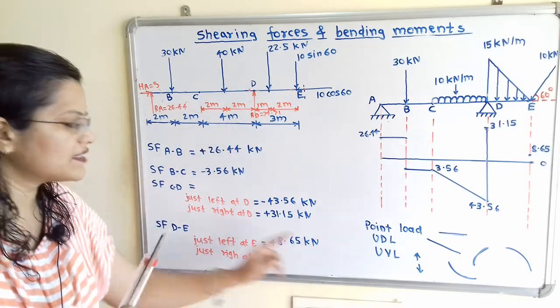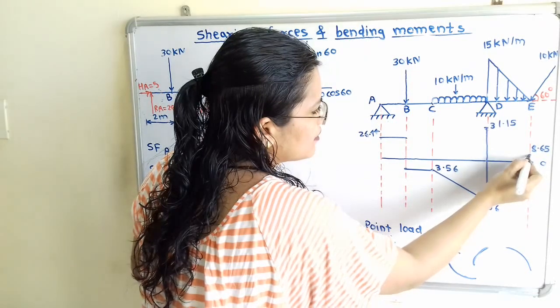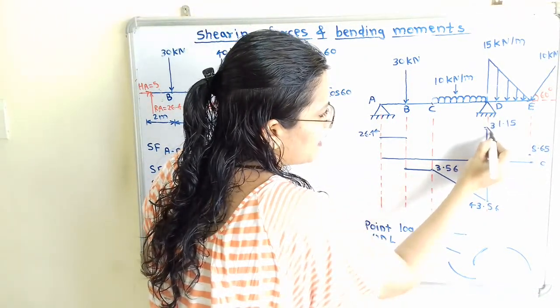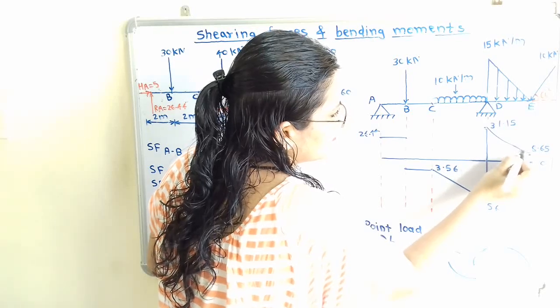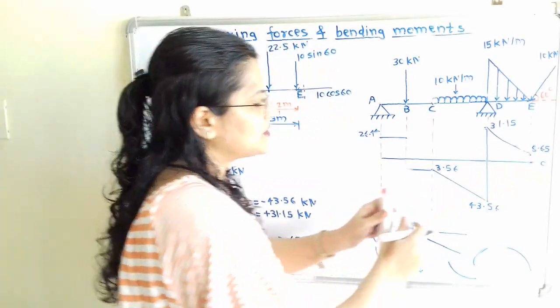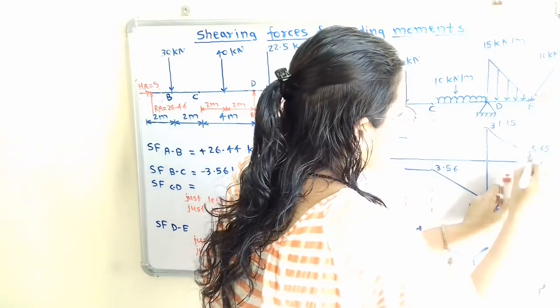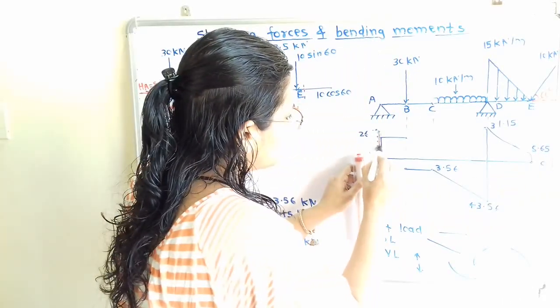So it is plus 8.65. So I will connect these 2 points with parabolic shape. And then this 8.65 to 0. And we will complete this.